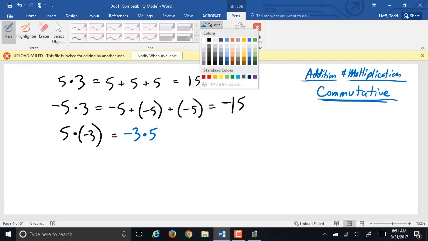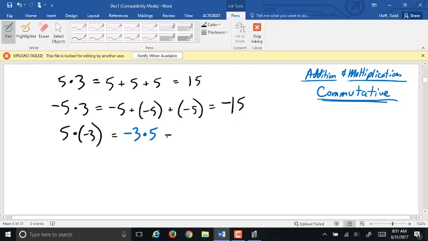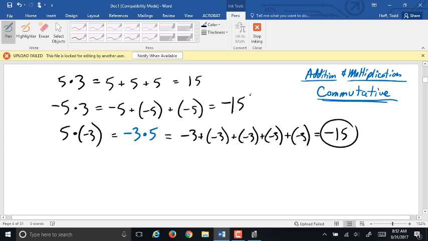You change the order, and the result is going to stay the same. So now when I've changed the order, that means I'm going to take negative 3 and repeat it 5 times. So negative 3 plus negative 3 plus negative 3 plus negative 3 plus negative 3, which is negative 15.